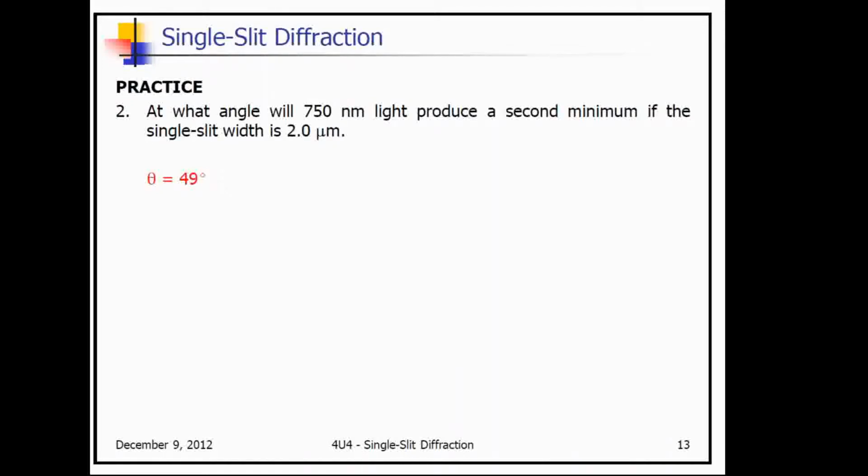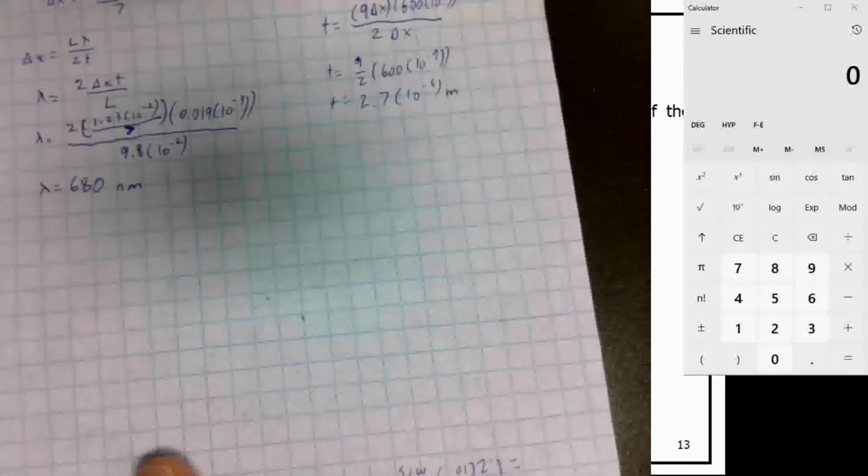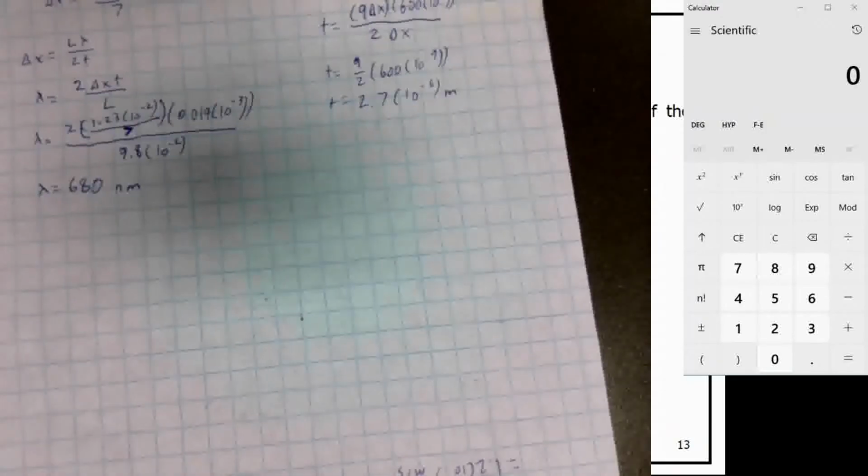So here's a question that says, at what angle will 750 nanometer light produce a second minimum if the single slit width is 2 micrometers? So let's look at this here. I'll pull the calculator up as well. We're looking at producing the angle.